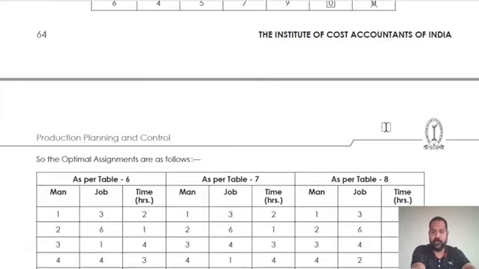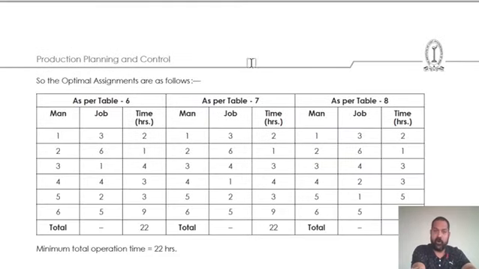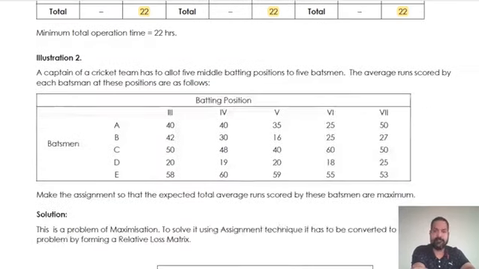After that, they've drawn 3 assignments and shown you 1, 2, 3, 4, 5, 6, 1, 2, 3, 4, 5, 6, 1, 2, 3, 4, 5, 6. So the assignment is changing, but like I said, since it's a multiple optimal solution, the least is 22. All 3 give you the 22, which is the least. That is question number 1.